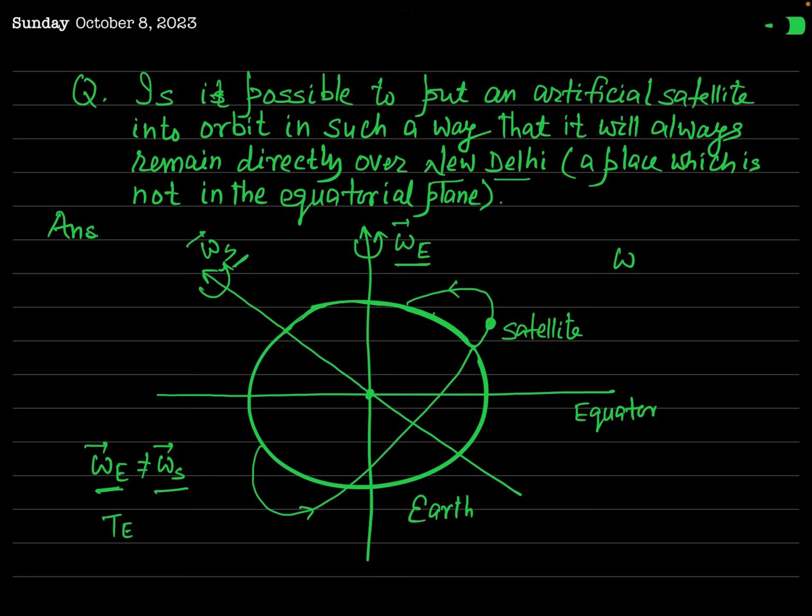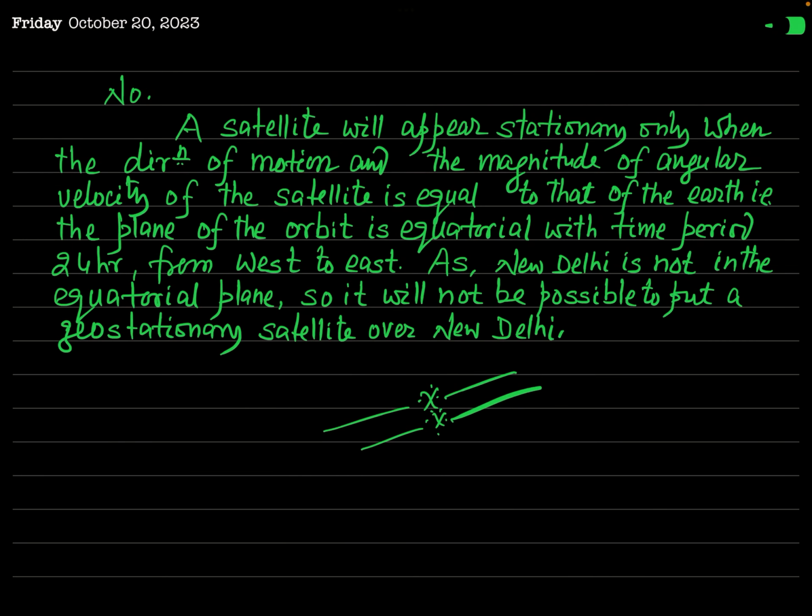So the time period Te will not be equal to Ts, and so the satellite will not always appear above Delhi. The reason is obvious: since the satellite has not been placed in an orbit in the equatorial plane, it cannot be a geostationary satellite.